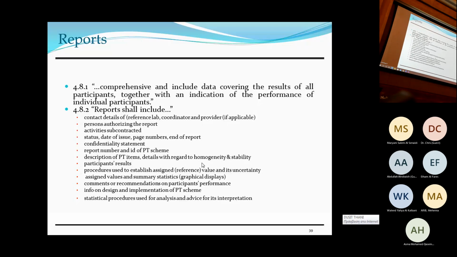So it's an actual report, really, more so than a calibration certificate, I would say. It has to have much more information because there are issues with regard to the interpretation.